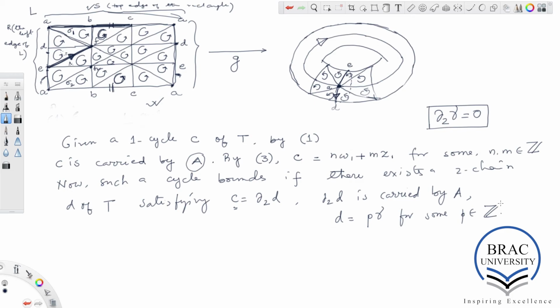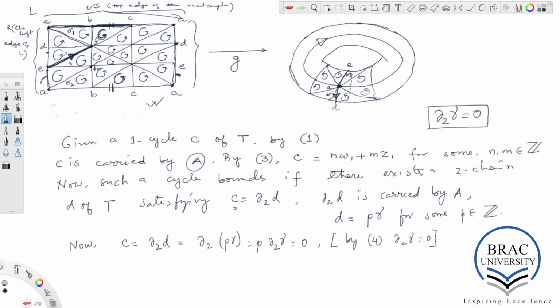Now, C is equal to del 2 D and D is equal to P gamma. Therefore, del 2 of P gamma is equal to P del 2 gamma, and by 4, del 2 gamma is 0, so P times 0 is 0, and this we get by 4.